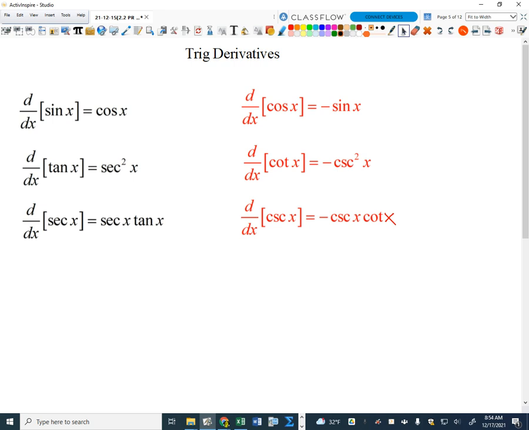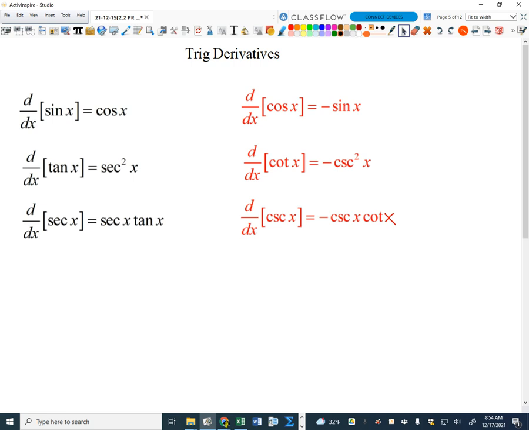The derivative of sine is positive cosine. The derivative of tangent is positive secant squared x. The derivative of secant x is positive secant x tangent x. Now, if I look at the co-analogs of those derivatives, they follow the same patterns, only they're all negative.